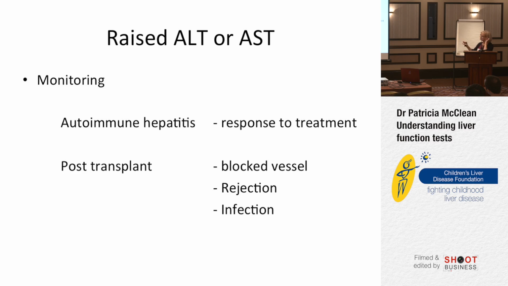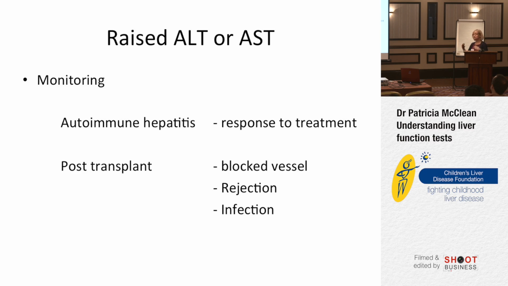Where the ALT and the AST come into their own for monitoring is in these two conditions. So in autoimmune hepatitis, where the body's immune system has failed to recognize the liver as being part of the body, and therefore has started producing antibodies to the liver and attacking it as if it was a bug or a virus.